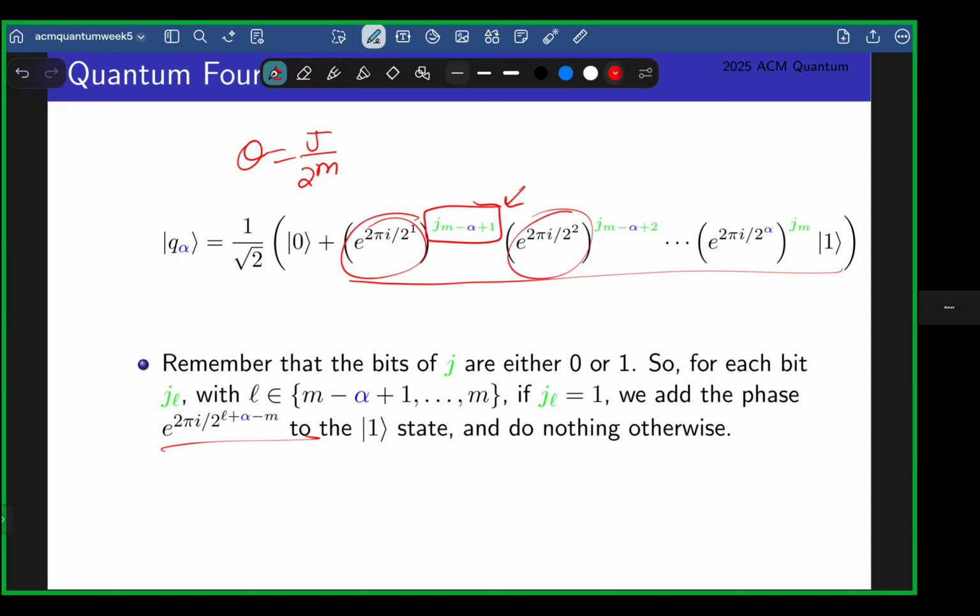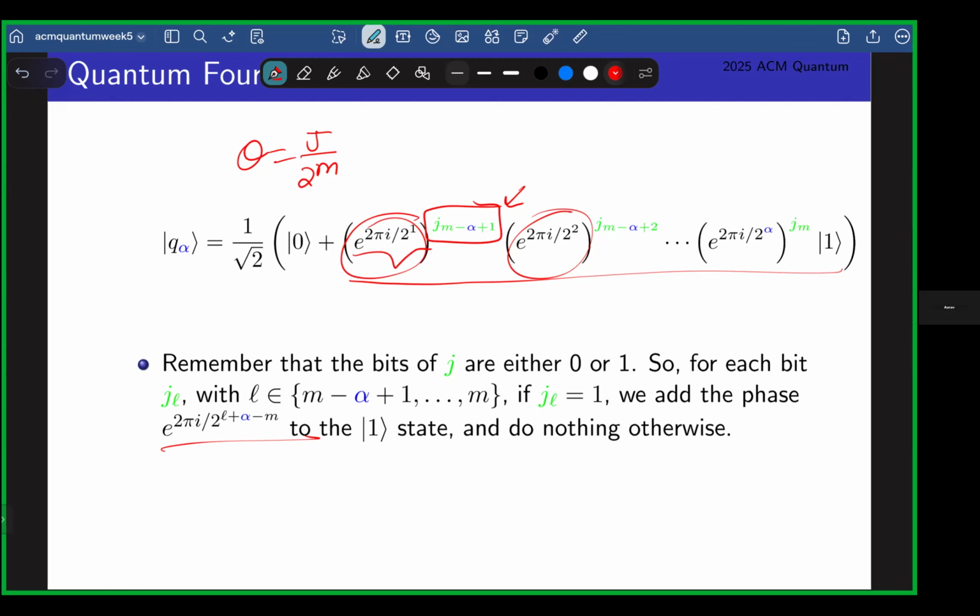So what does that remind you of? It's literally what we said before with the V. We have some phase and we add it if some qubit is 1 and we don't if it's 0. What is that? Well, it is controlled, but this isn't a gate, so not exactly.